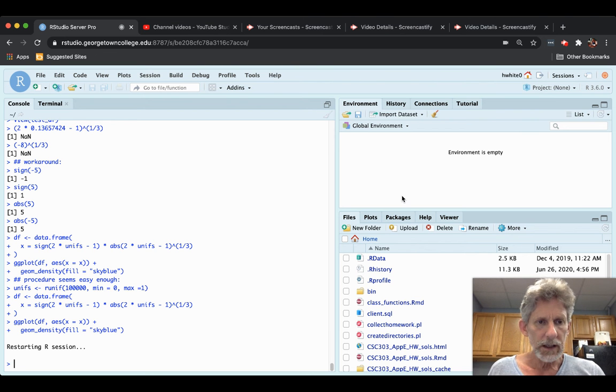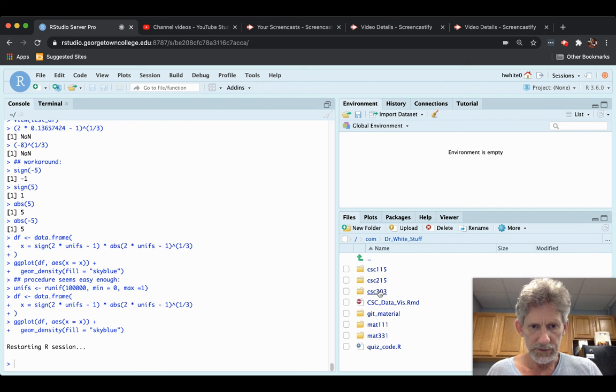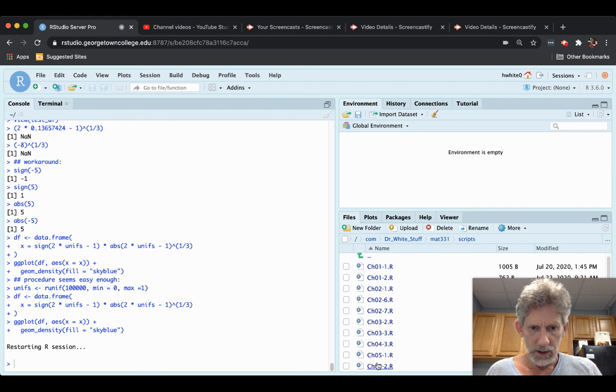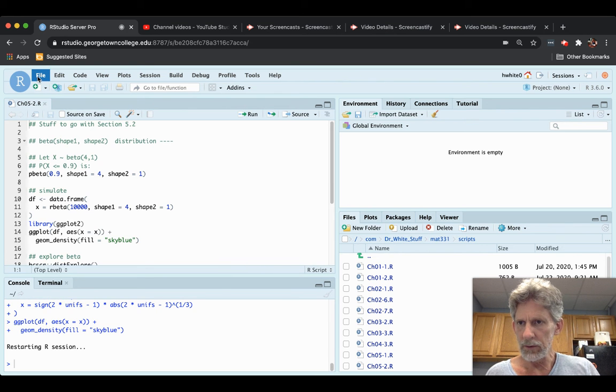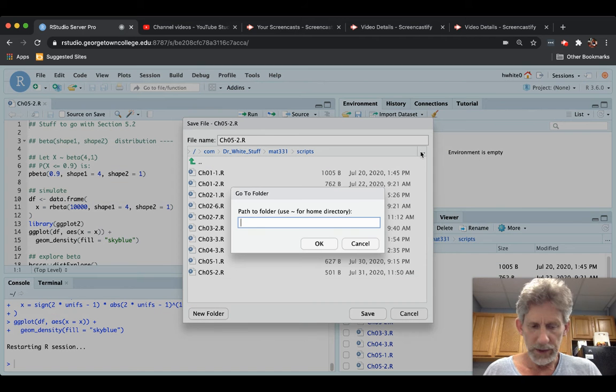So I'm going to go pick up material for the current section. Let's see, common folder, white stuff, Math 331, and it's in scripts. And it's section 5.2, and I'll go ahead and save this to somewhere in my home directory.